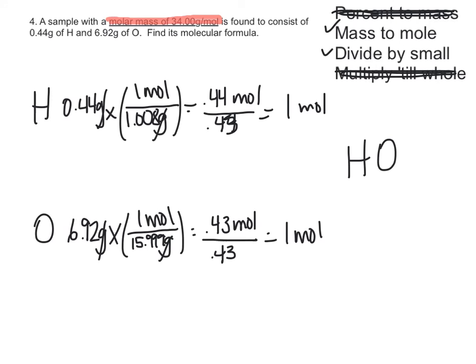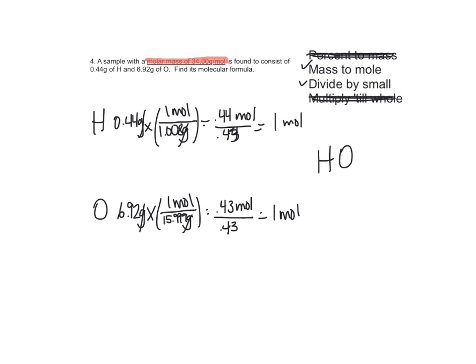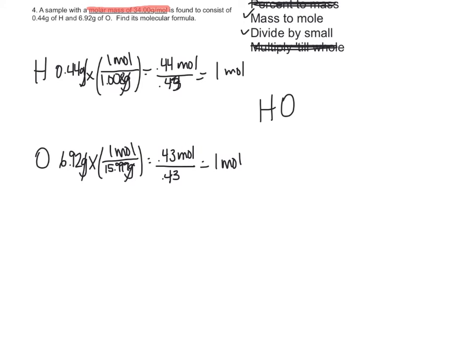So remember, to find my molecular formula, I have to figure out what is the multiple I'm going to use to multiply my empirical formula. So let me zoom out here. So remember, the first thing I have to do here is find my empirical formula mass, which is going to be 17.007.